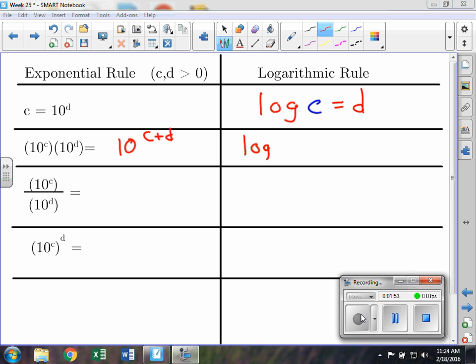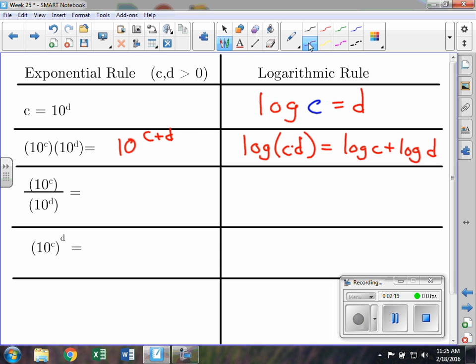If we're taking the logarithm of a product of numbers, that has the result of adding the logarithms. Please notice the format that we have.